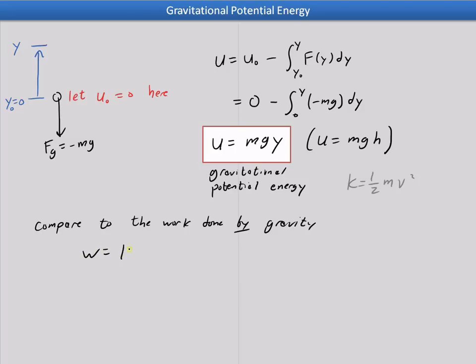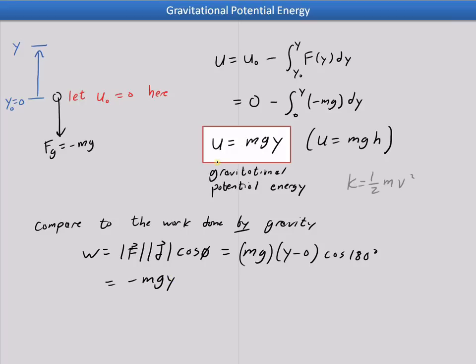So work is equal to the magnitude of the force times the magnitude of the displacement times the cosine of the angle in between them. The magnitude of the force of gravity is mg. The magnitude of the displacement here is y minus 0, so just y. And those two vectors are in opposite directions. So this would be cosine of 180 degrees, which is negative 1. So the work done by gravity is equal to negative mgy.